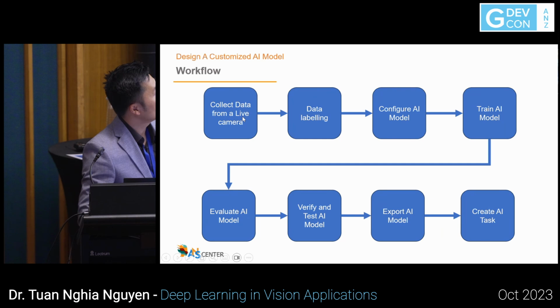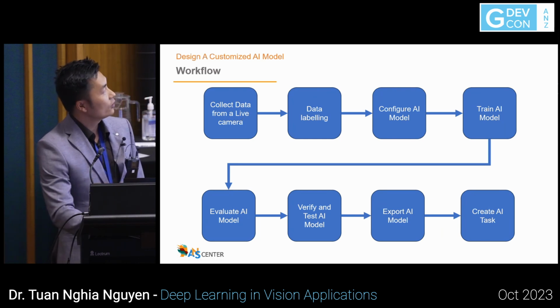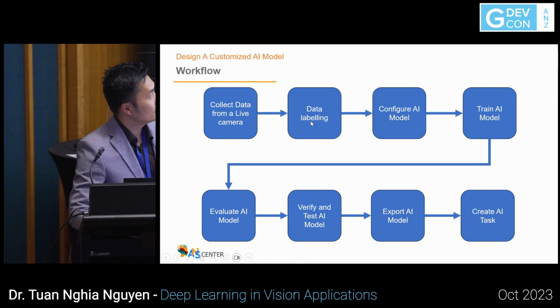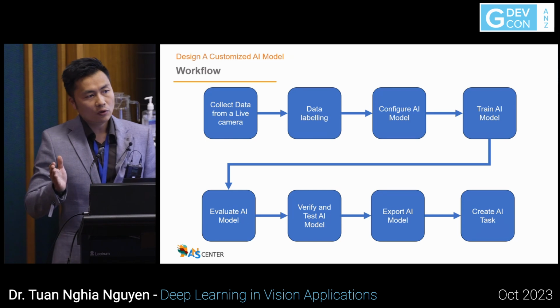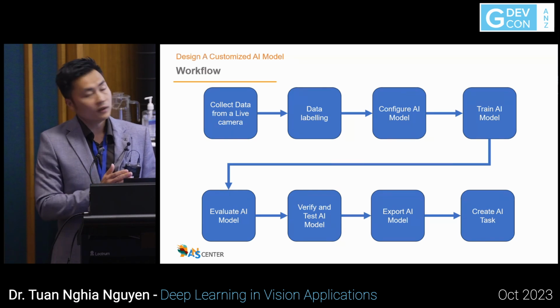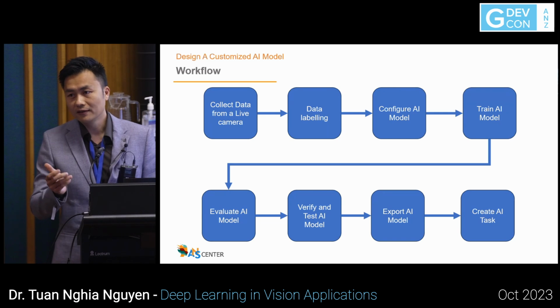The first step is to collect data from the live camera, and then we perform the data labeling and configure the AI model using the transfer learning technique. So we can offer a whole range of technology, from object detection, segmentation, classification, and so on.